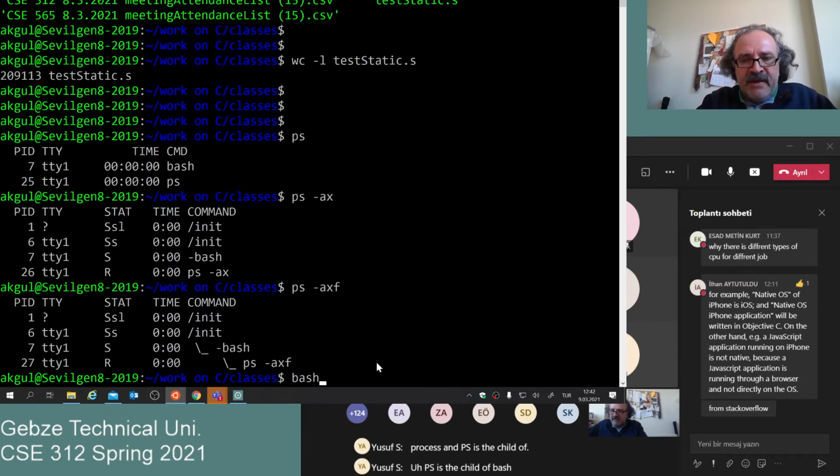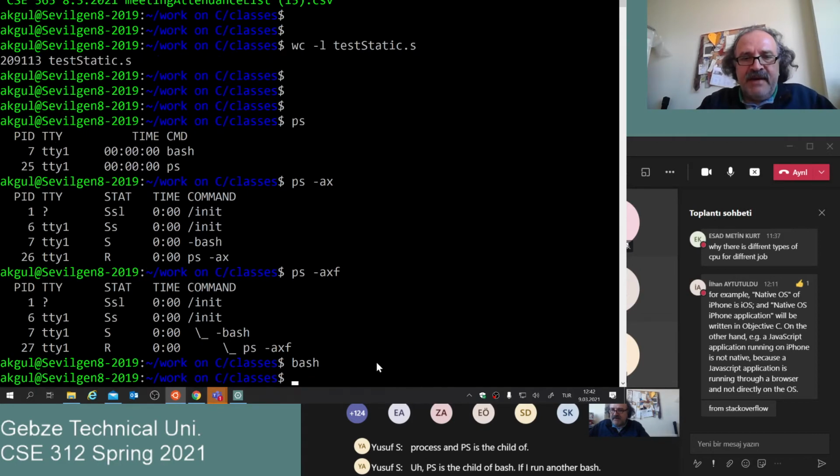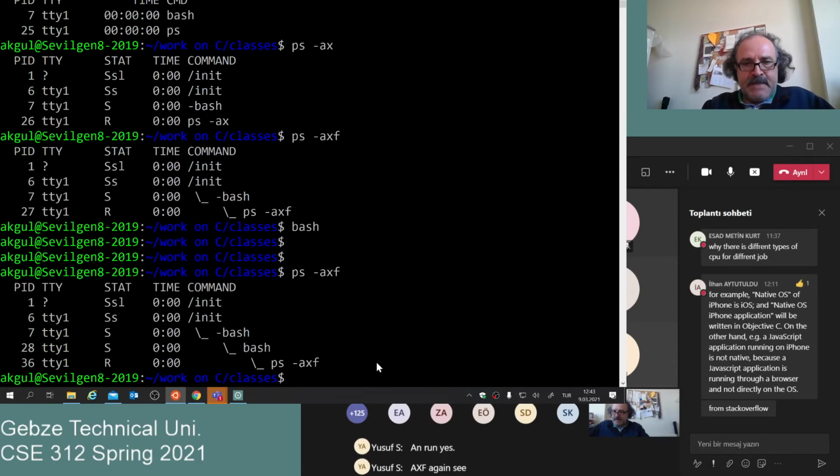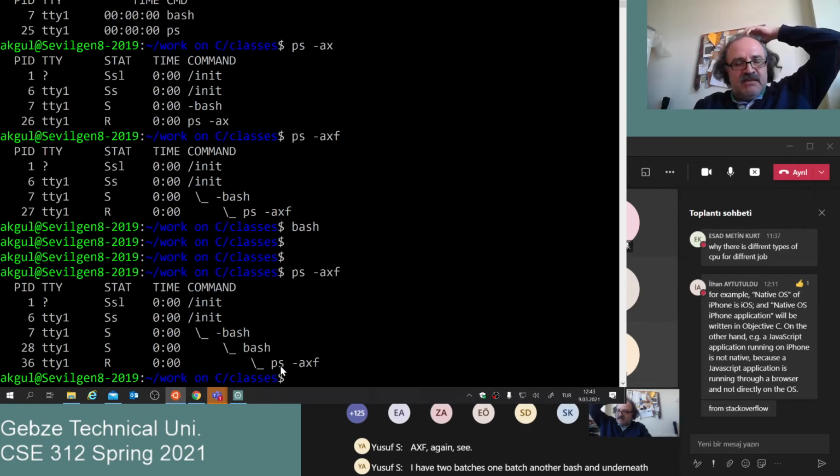If I run another bash within bash and run PS AXF again, see, I have two bashes, one bash, another bash, and underneath I have this PS.